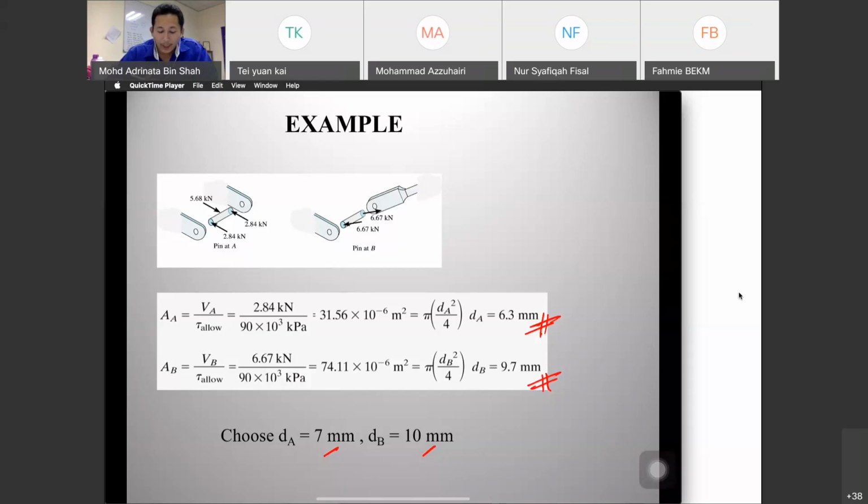So my question: how do you define your allowable shear stress? This depends on the material.